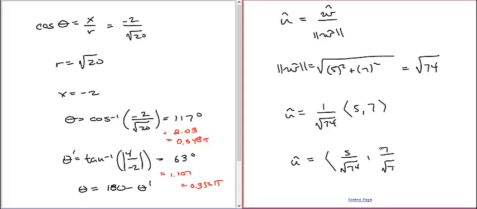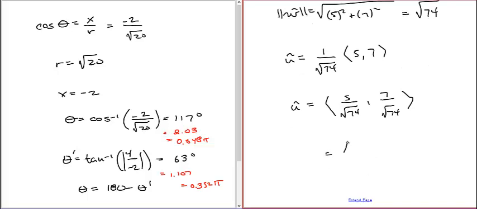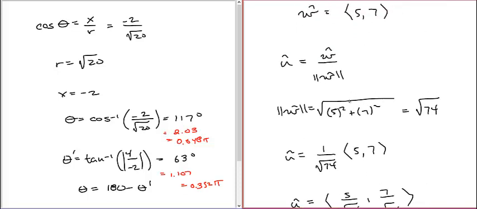And then finally, you would want to rationalize it by multiplying by the square root of 74 divided by the square root of 74, so that you get rid of that square root in the denominator. So that's the answer. So unit vectors, all you have to do is take the magnitude using the Pythagorean theorem. Make sure if there's any negatives, that you square the negatives, not negative of the square.